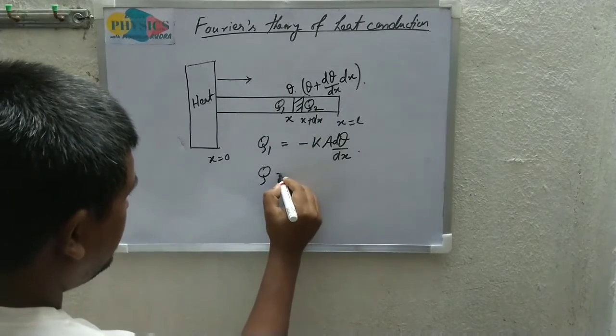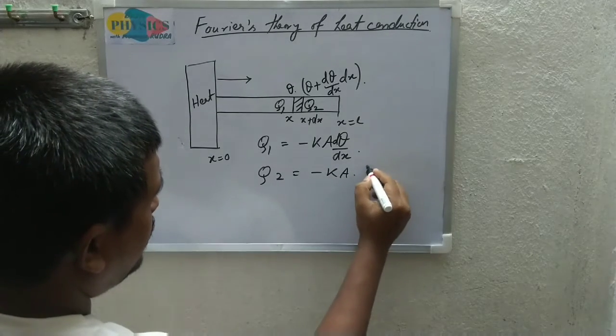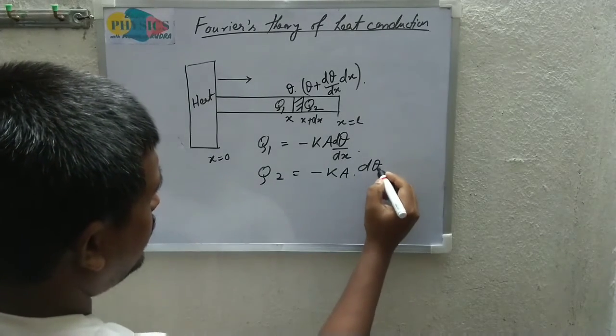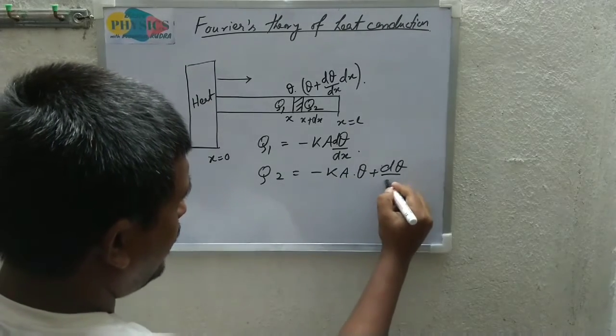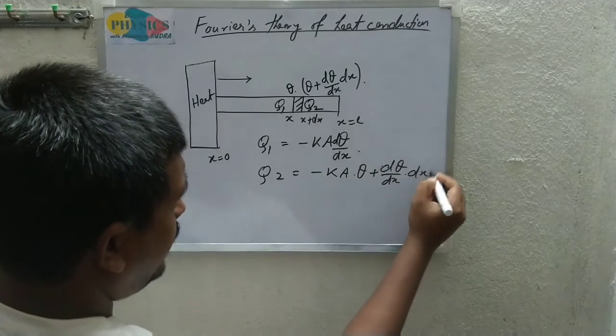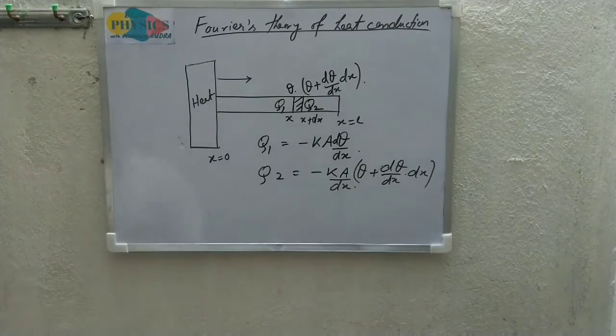And Q2 equals minus K A into d theta by dx plus d of d theta by dx into dx, like this.